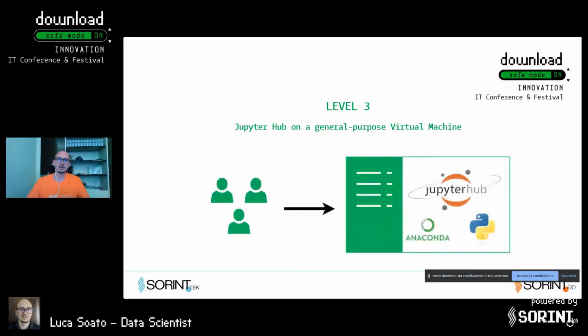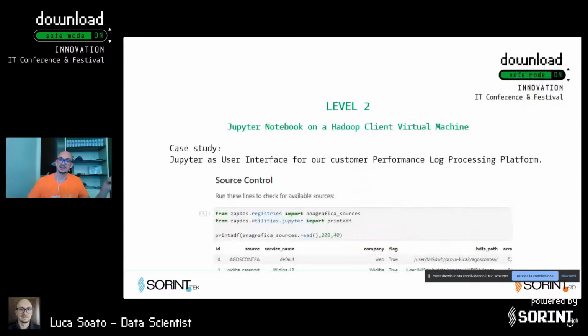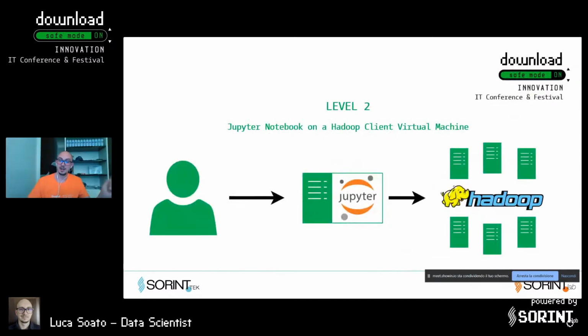But all of this is outside of the Hadoop cluster. So how did we manage to connect this JupyterHub, which was installed on a general purpose virtual machine, to the Hadoop cluster I've been talking about before?